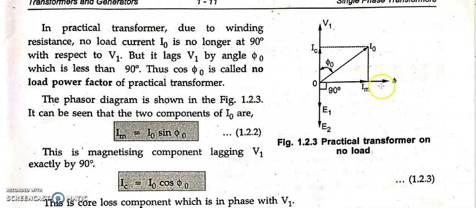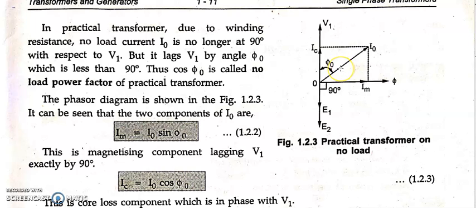I naught doesn't lie over IM, or over IC, since in a practical transformer, due to winding resistance, I naught will be no more at 90 degrees with respect to V1. It is a combination of resistance as well as inductance, so it's not a pure inductance. If it was pure inductance, I naught would be lying here, as current and voltage always have 90 degrees with respect to each other for pure inductance, as happened in our ideal transformer case.